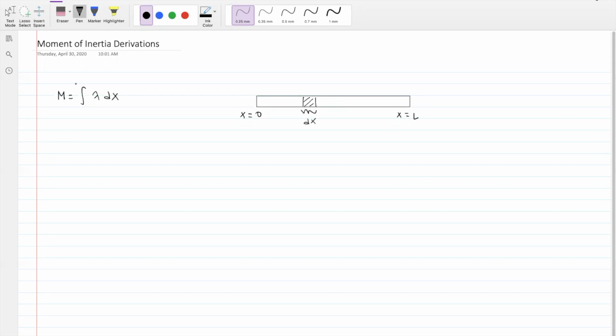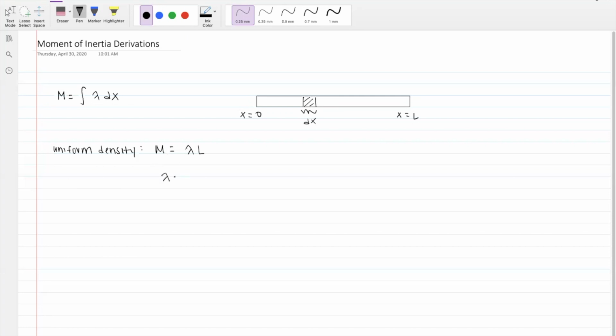All objects that have uniform density will have the following equation. Mass is equal to lambda L, where again mass is the total mass of your object, L is the total length of your object, so L minus 0, and lambda is your linear mass density.